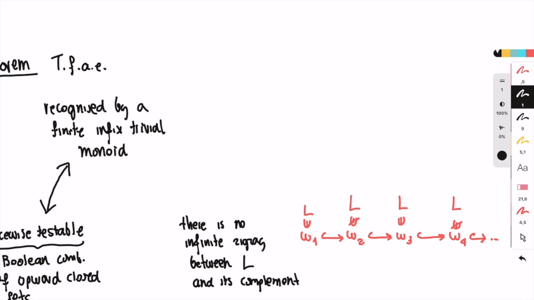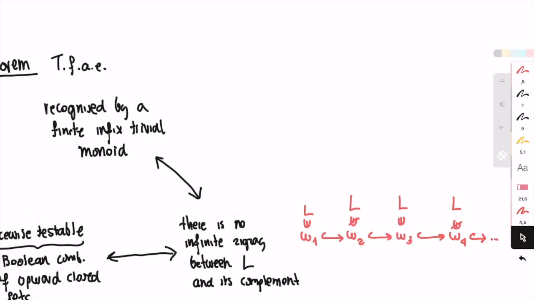So what we're going to show is we're going to first show this equivalence, and then we're going to show this equivalence, and therefore Simon's original theorem will follow.